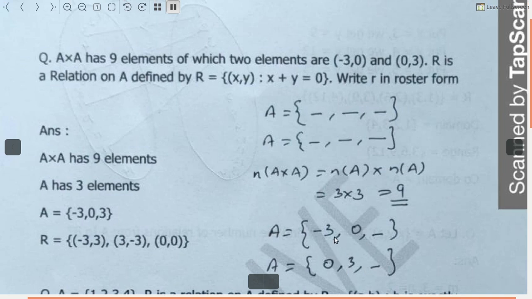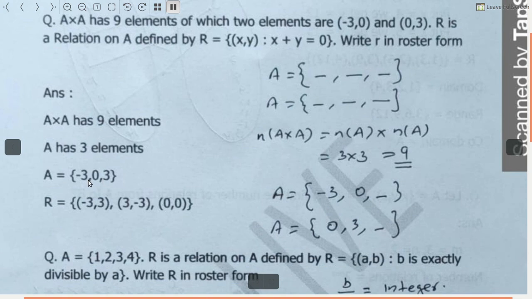Right. So here first pair is minus 3, 0. Second pair is 0, 3. Okay. So which are the total elements? Minus 3 is there. 0 is there. And 3 is there. So A means what? Minus 3, 0, 3. So we can guess about A. This is very simple. Okay, so A is equal to this one.